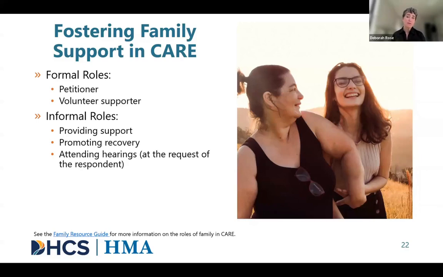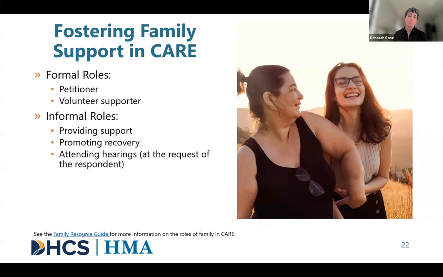There are other ways that families can support the care respondent by becoming educated, by learning more and getting connected to organizations that offer that kind of education. Certainly by advocating on behalf of the member: what are services and supports, medications that the person has benefited from? By offering emotional support throughout the recovery process, including during that journey of uphill battles and of successes.